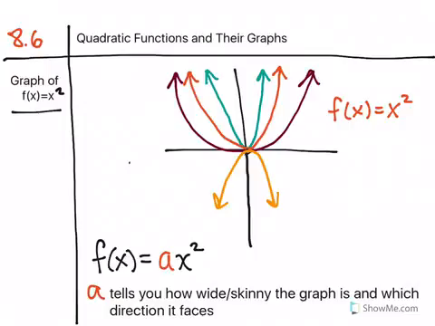Let's look at what happens in the teal graph. If we had an equation, for example, like f(x) equals 2x squared, that would create this teal graph, which is skinnier. So that means that when a is greater than 1, the graph gets skinnier.